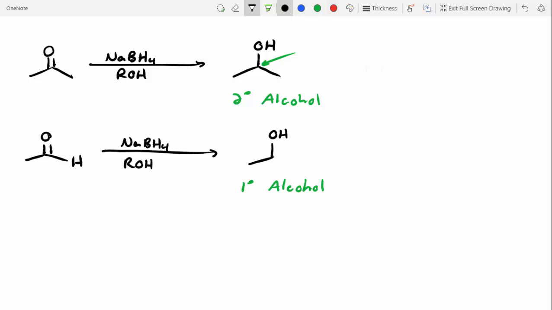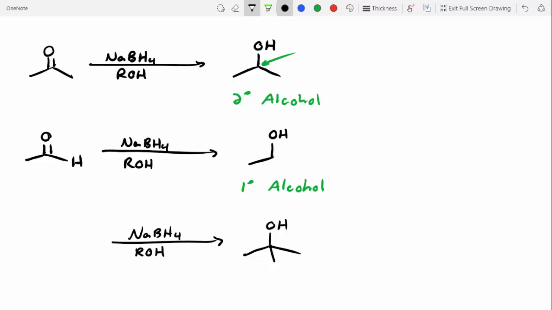All right, let's do something a little bit different. Let's say we want to get our tertiary alcohol. What would our starting material have to be? I'll give you a hint. It's kind of a trick question.